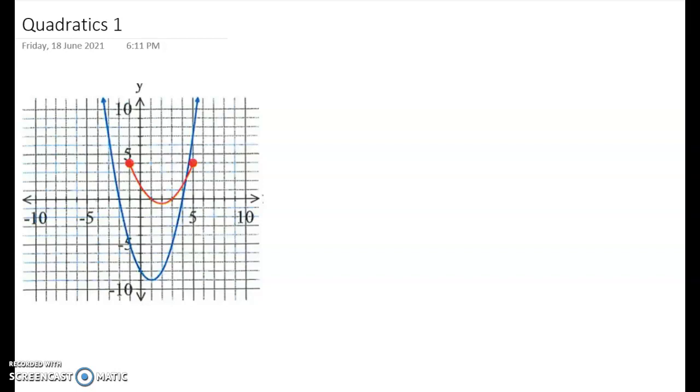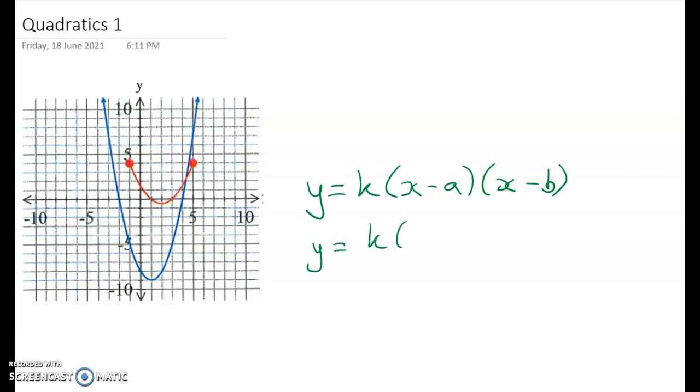I'm going to do the blue one first, and there are 2 ways that I can find the equation of the blue graph. When we're working with quadratics, we can either think about what the roots of the quadratic are, if we can see those easily, or we can think about where the vertex of the quadratic is.